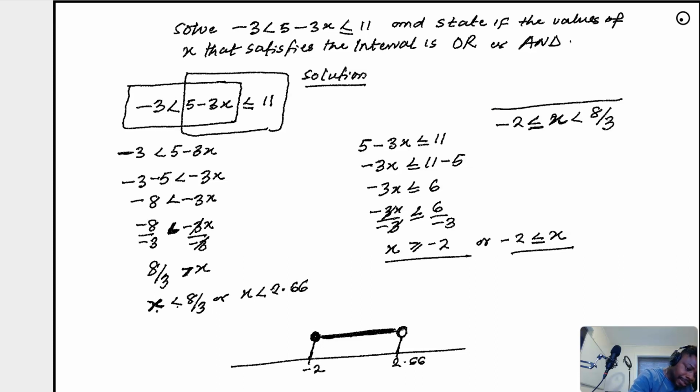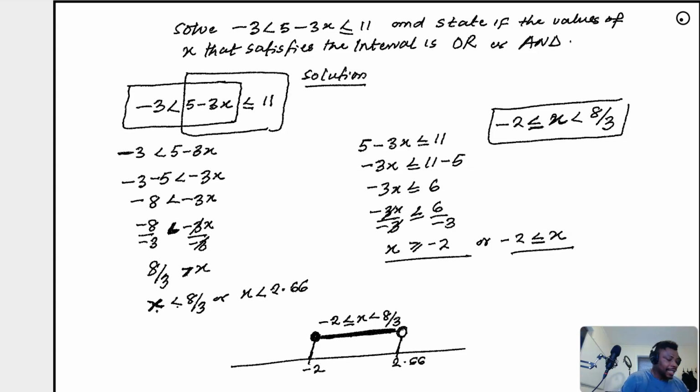You can see this is combined. You can even see from the number line that it is combined. So once you see from the number line that it is combined, you can write the combined form of it. So this is -2 less than or equal to x and less than 8 over 3.